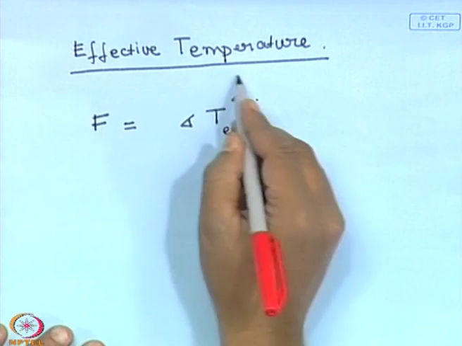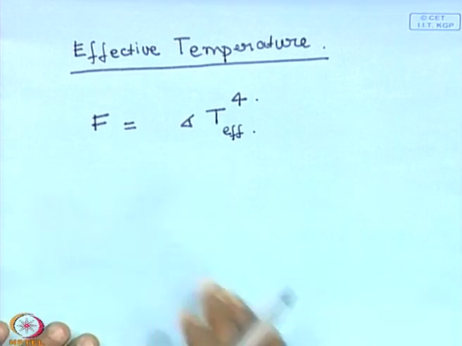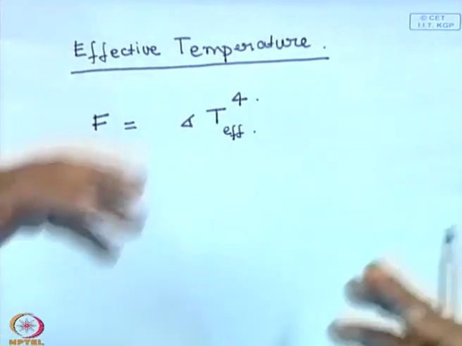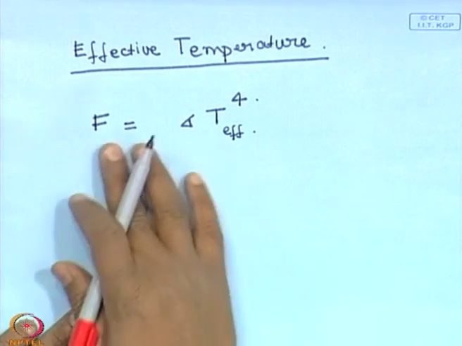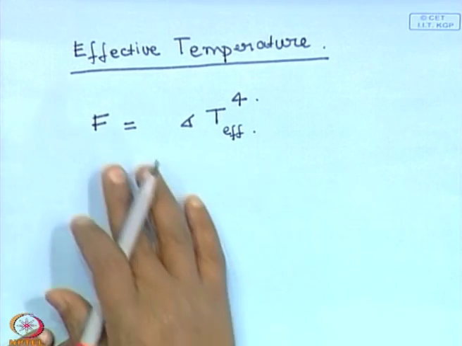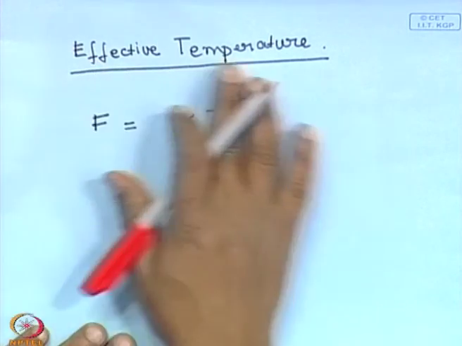This again is perfectly correct only for a black body, but in astrophysics we would like to associate a temperature with the radiation. So, if I apply it to some other source, then the temperature that we estimate using this is going to be called the effective temperature.